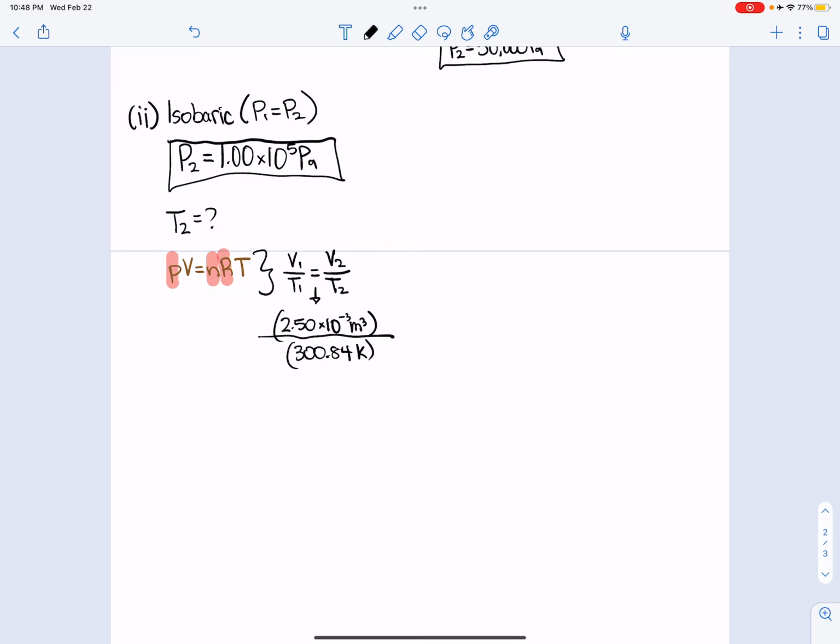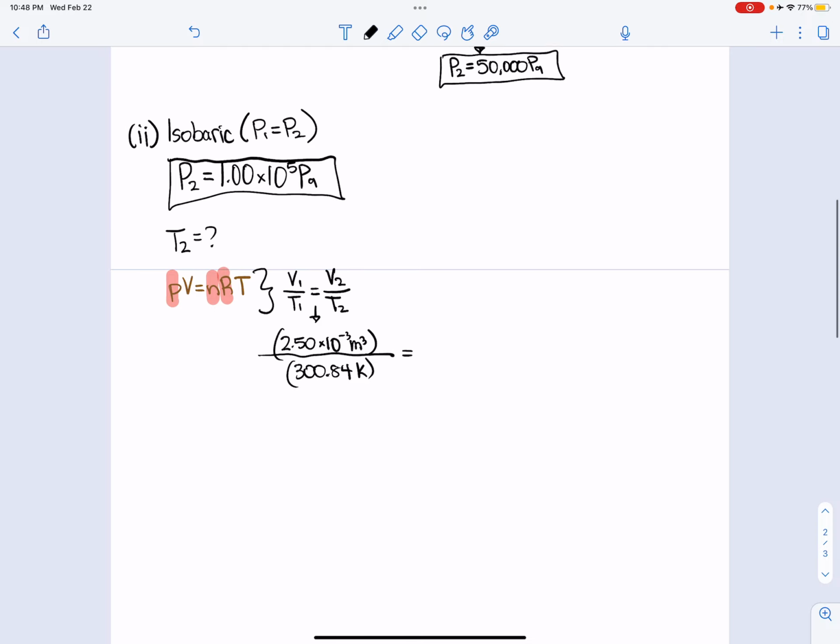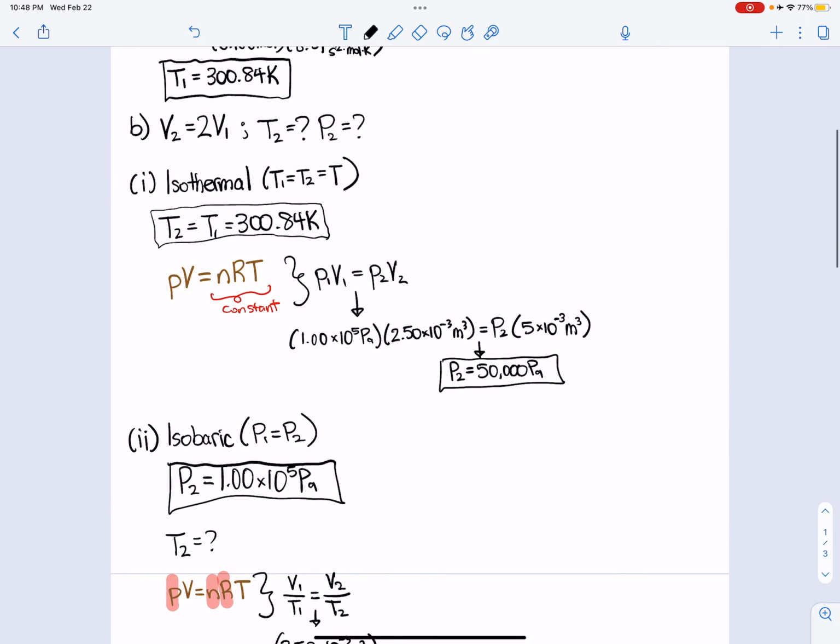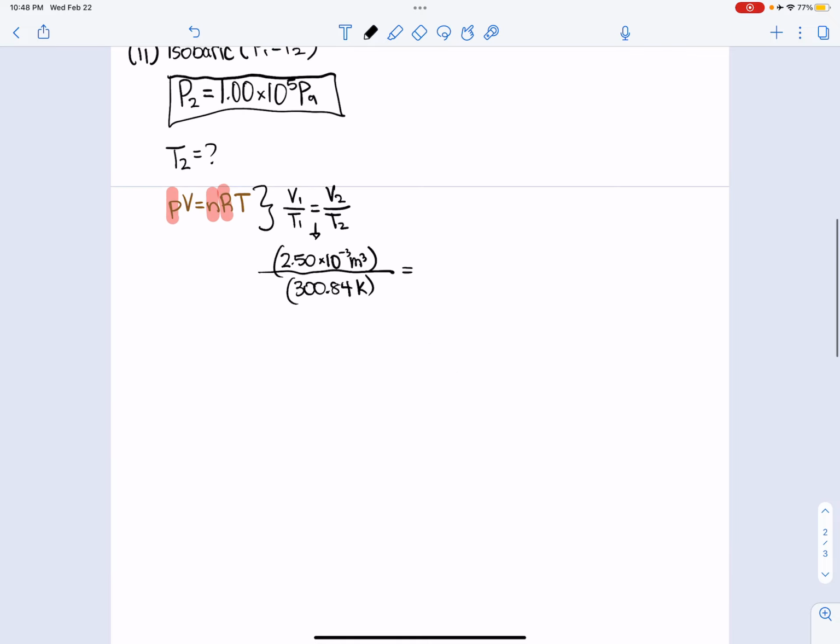Okay, is equal to the final volume, which we said was equal to twice the initial volume that was given to us. So 5 times 10 to the minus 3 cubic meters. And that over the final temperature.